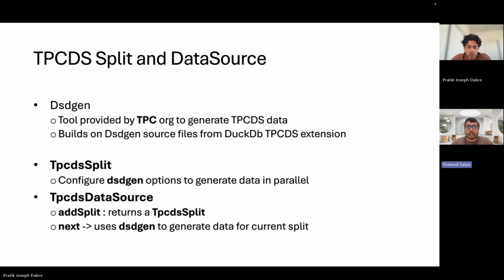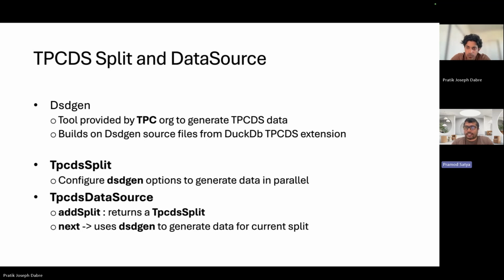The TPC organization, along with the TPCDS benchmark, provides a tool called dsdgen, which allows you to generate data for the different tables defined in the benchmark at different scale factors. dsdgen is a C program, which is part of the TPCDS specification, and it's recommended by the TPC organization in order to ensure that your database contents are exactly as per the specifications.